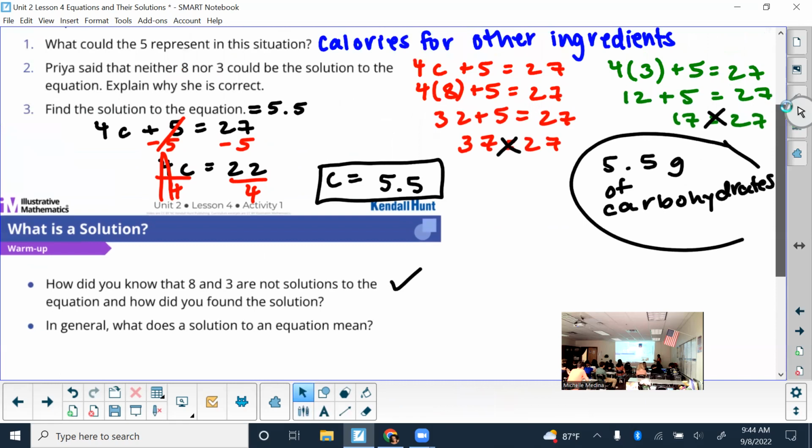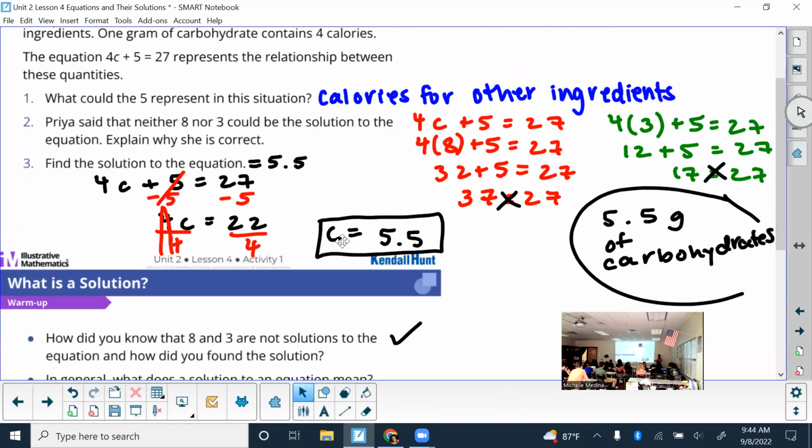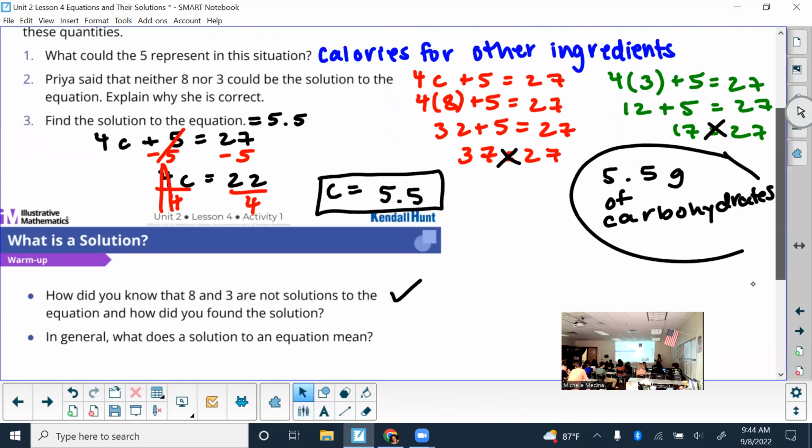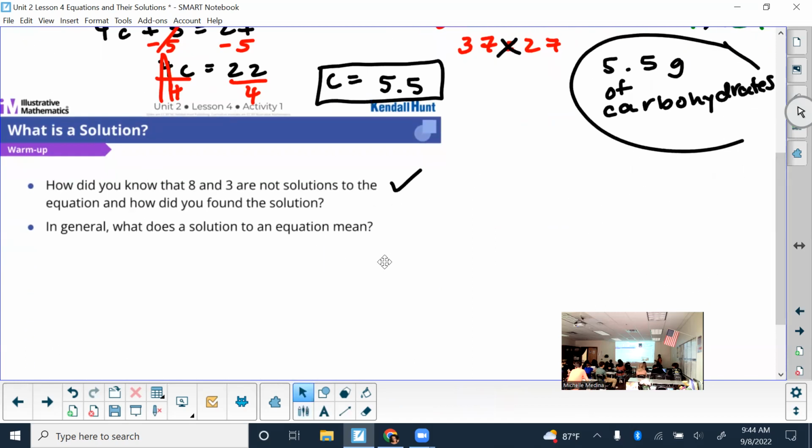So earlier we established that the solution would be what the value of C is. So how can you generalize it for all equations with the solution? When I tell you to solve for an equation, what am I asking you to solve for?